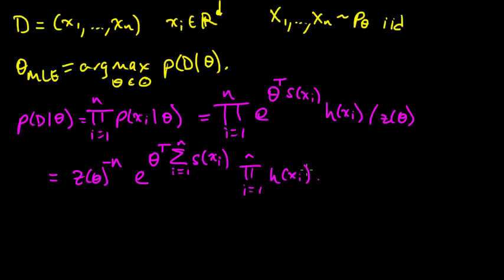Now what are we going to do? All right, we have our expression here, and now we want to maximize this with respect to theta. Let me give this sum a name. Maybe that'll make life a little easier.